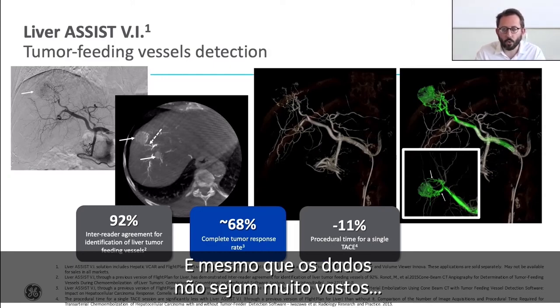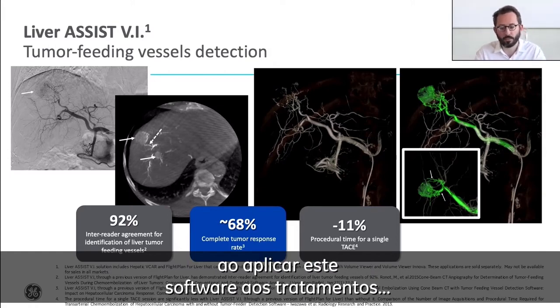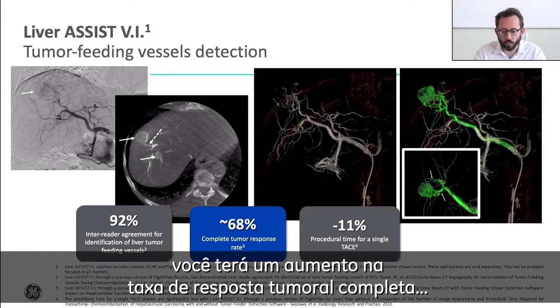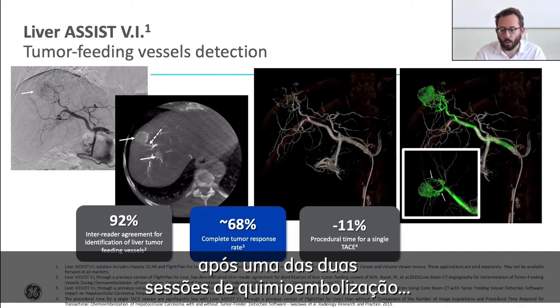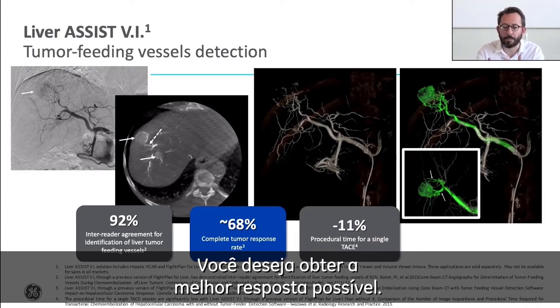And even though the data are not very large, we have evidence showing that when you apply this software to treatment, you will have an increased rate of complete tumor response after 1 or 2 sessions of chemoembolization, which is a key prognostic factor for those patients. You want to obtain the best response you can get.